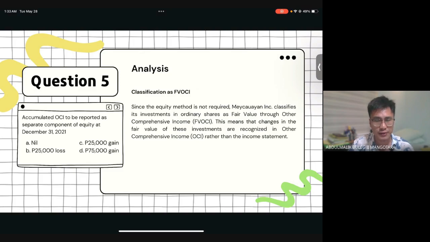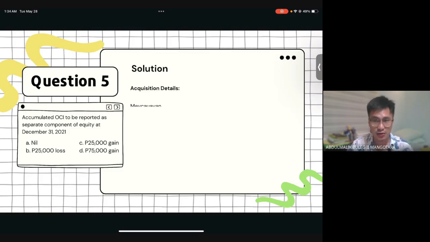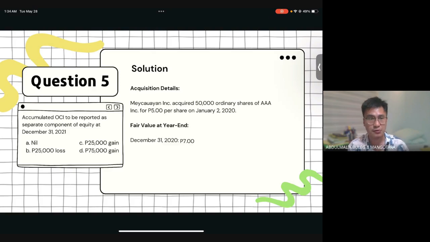Mikowayan Incorporated classifies its investments in ordinary shares as financial asset at FVOCI when the equity method is not required. So let's proceed with the calculation for the year ending December 31, 2021, focusing solely on Mikowayan Incorporated's investment in AAA Incorporated.